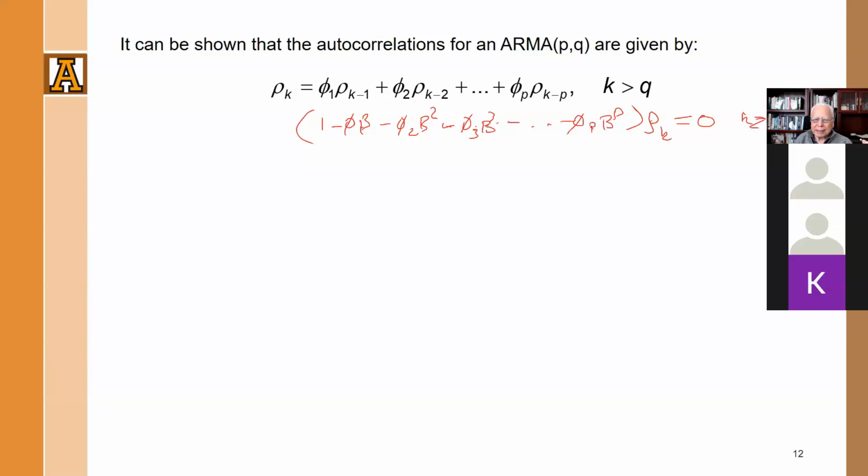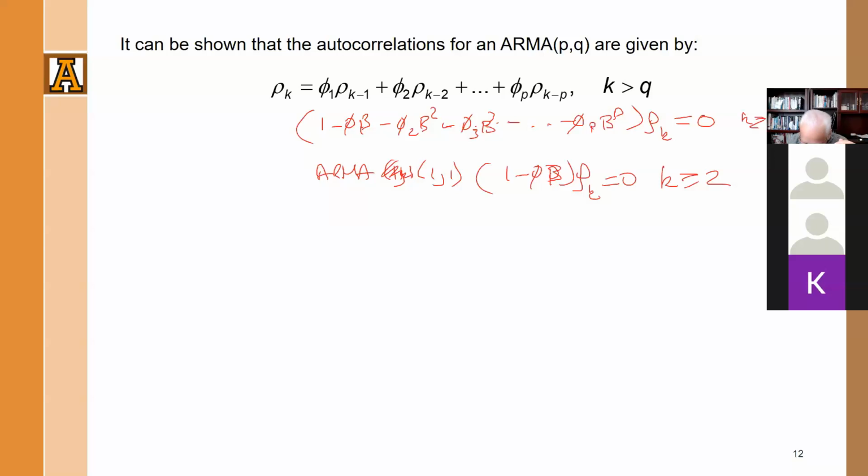We saw that for an ARMA(1,1), 1 minus phi B applied to rho k equals 0 for k greater than or equal to 2, or greater than 1.